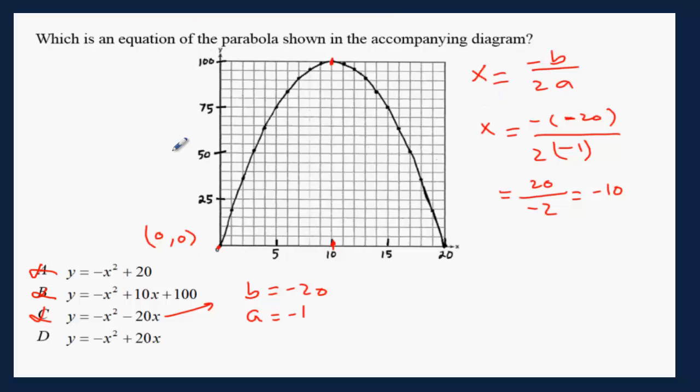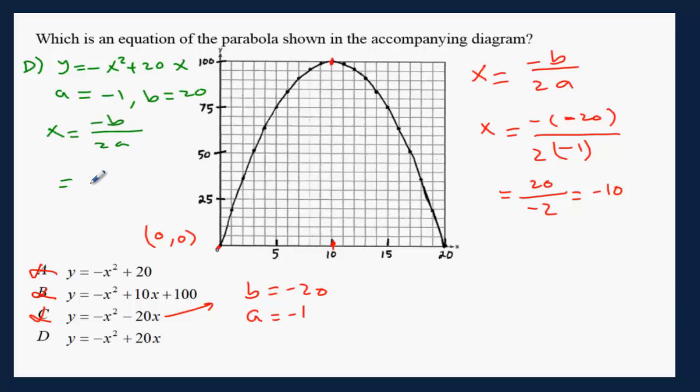Let's try choice D here. Choice D, y equals negative x squared plus 20x. Axis of symmetry, a equals negative 1 and b equals 20. x equals negative b over 2a. This means x equals negative b over 2 times a.